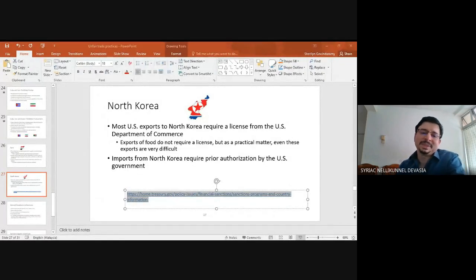So what are the exceptions to sanctions? Information materials like books, music, movies, etc. There is no sanction from whichever country. Travel, there isn't. Recently, they had introduced a travel ban on Iran nationals, and even certain individuals from China couldn't travel to the US.